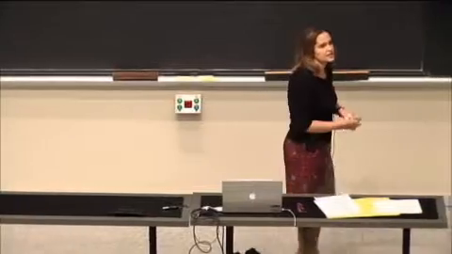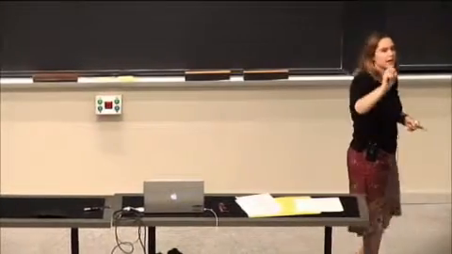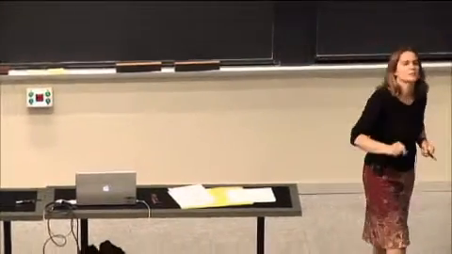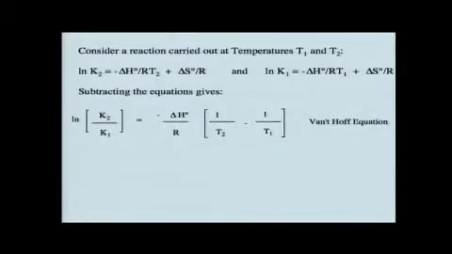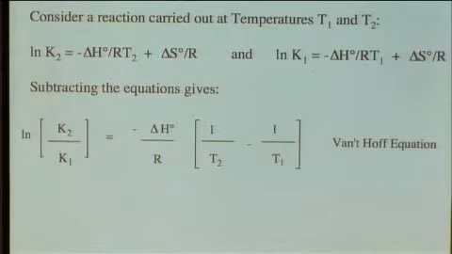So you can consider an equilibrium constant at one temperature and an equilibrium constant at another temperature. So we can talk about the natural log of K2, equilibrium constant 2, equal to minus delta H over R T2, temperature 2, plus delta S naught over R. We can do the same thing for temperature 1, equilibrium constant 1.